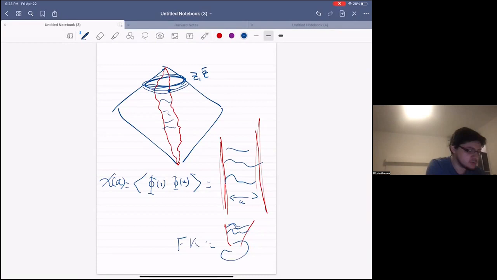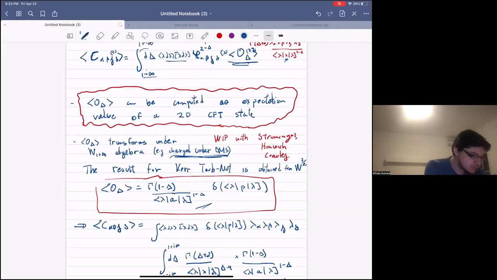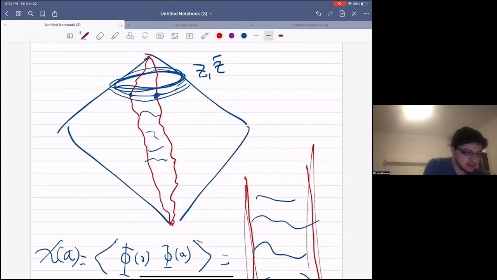Let me just mention that the important point about the state is that it's charged under BMS. Why is that important? Because BMS is an extension of the translation group. So you can act on these Wilson lines with a translation generator, right? If the Wilson lines are charged under translation, essentially I can act with my generator.